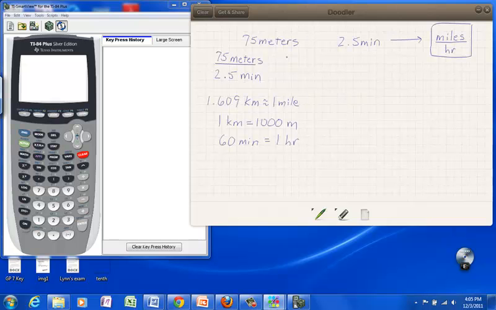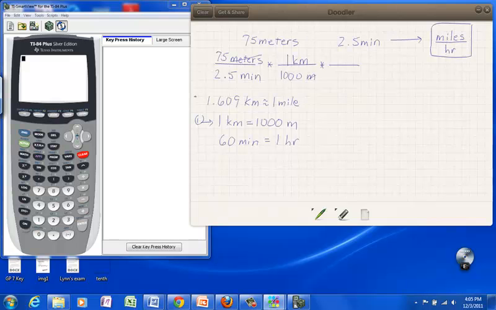So I'm going to arrange these to do this conversion. I'm going to start by trying to change my meters. So this is the conversion fact that uses meters. It says there's 1,000 meters, and I want the meters to cancel, so I'll put the 1,000 meters here in 1 kilometer. That's going to cancel the meters for me. Now my goal is to get to miles.